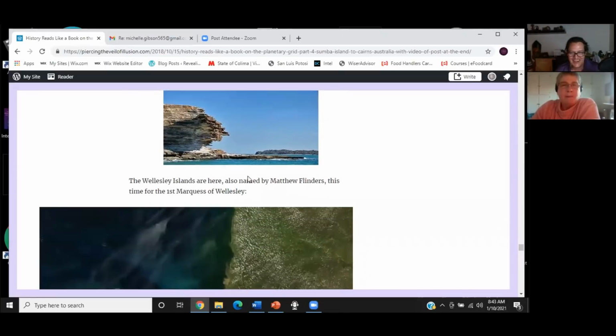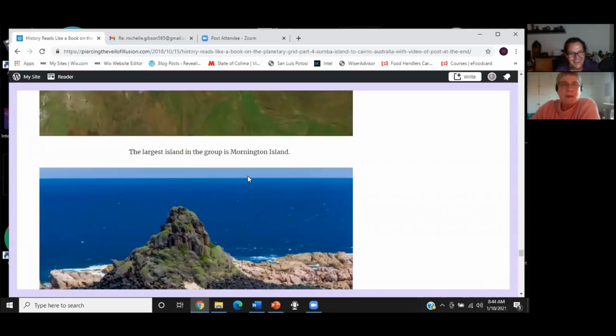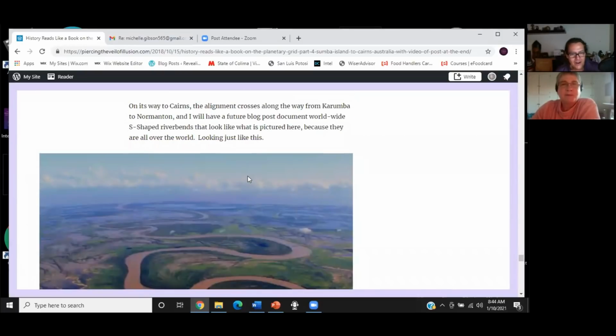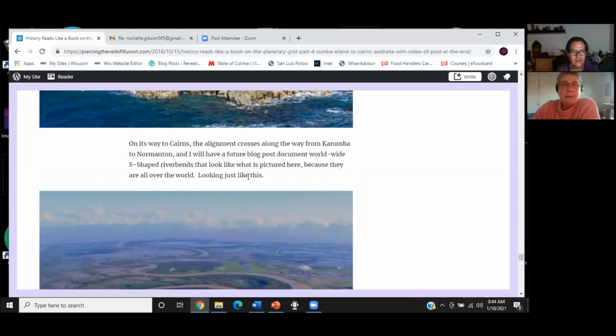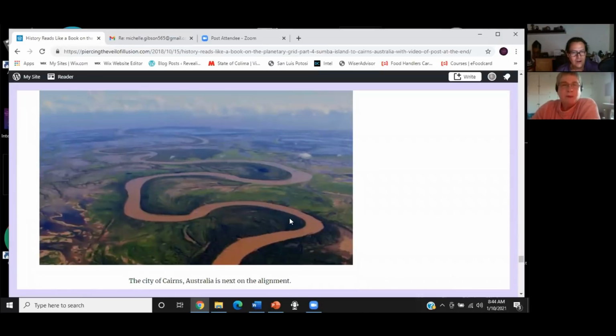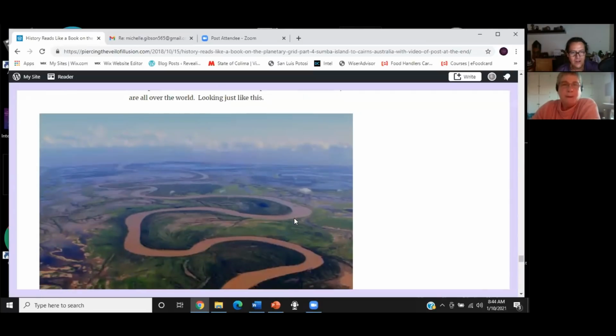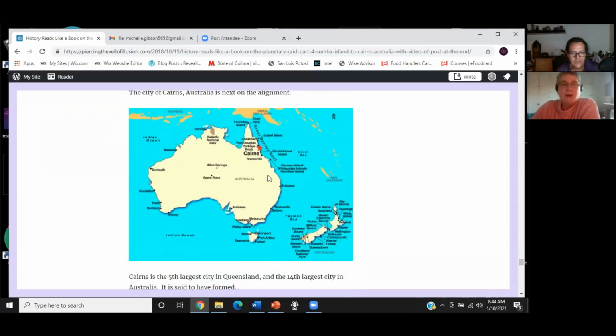That's what you do, right? And Moreton Island, a little pyramid-looking thing there. Oh, wow. Here you've got more shapes, the same U-shapes. And then cairns. So this is how we're coming down.